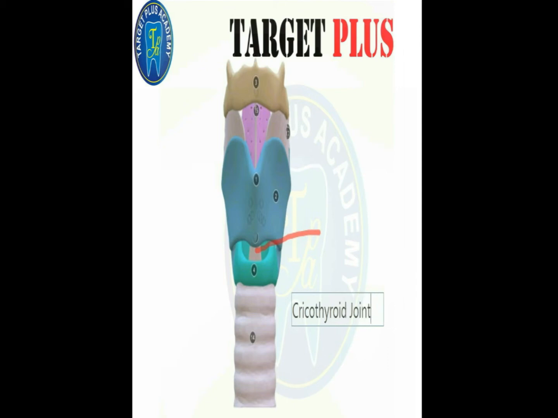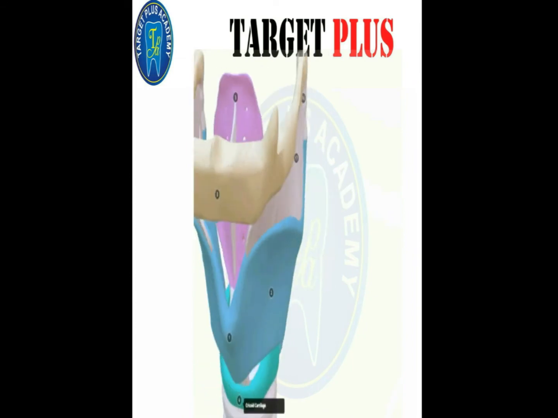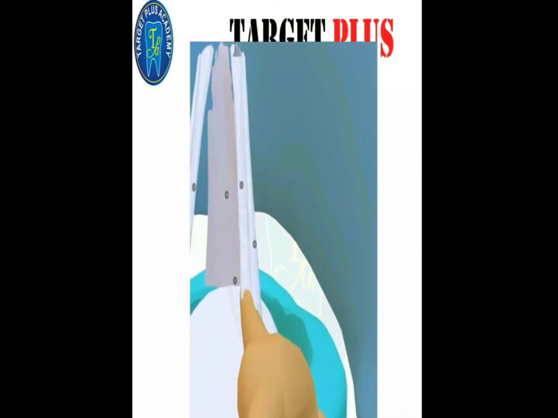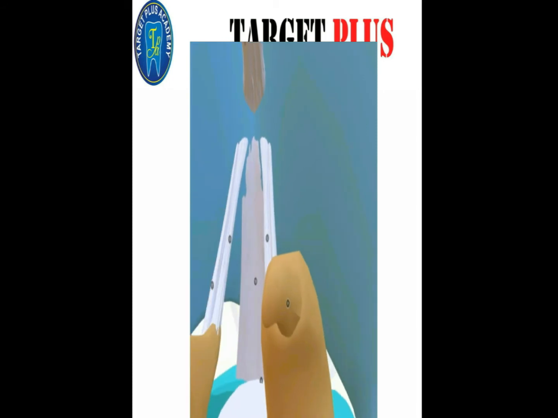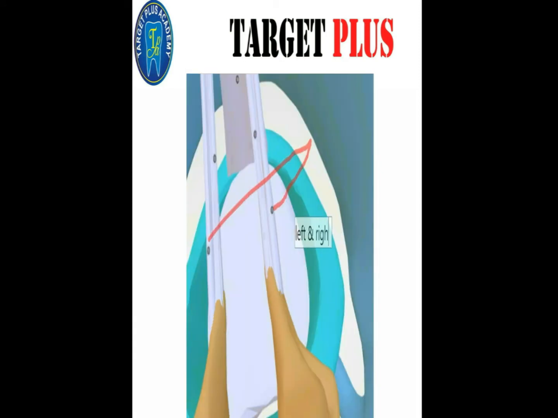Now let us discuss the various attachments to the thyroid cartilage. These are the vocal cords you can see on both sides. This is the left vocal cord, this is the right vocal cord. Another is the vestibular fold. This is the left vestibular fold and this is the right vestibular fold.